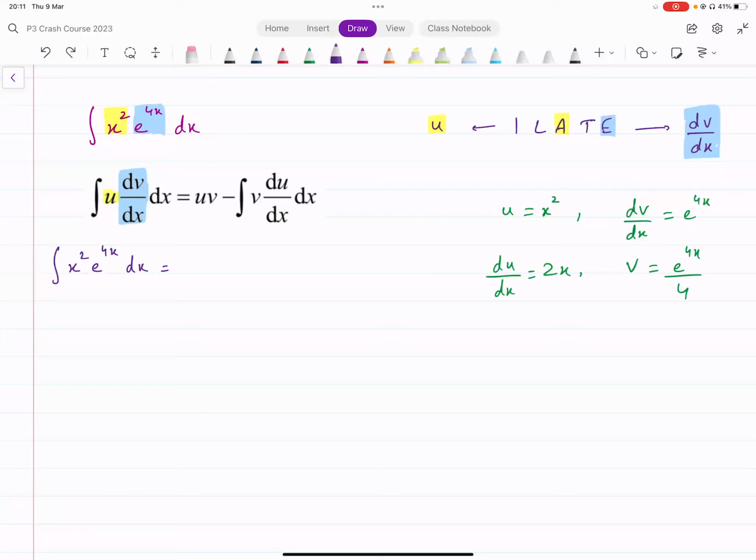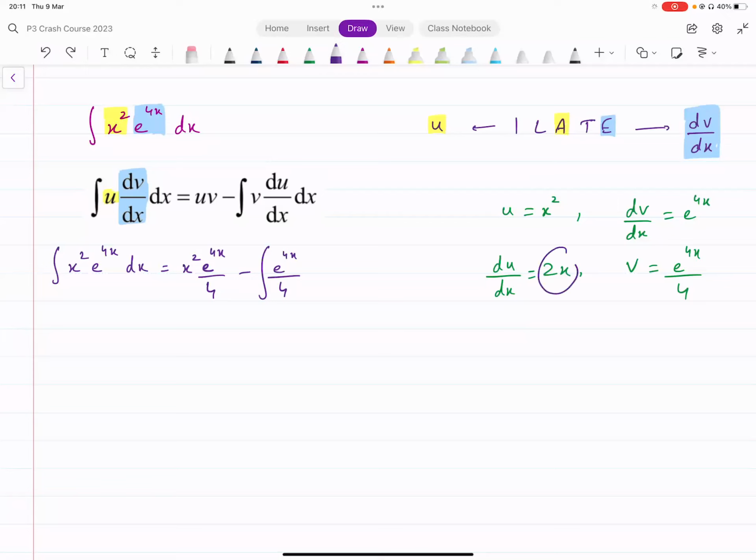We just input those values in the formula and see what we get. U times v. What's u? U is x squared, into v, v is this thing, which is e raised to power 4x divided by 4, minus integral of v, which is this thing, e power 4x divided by 4, into du over dx.